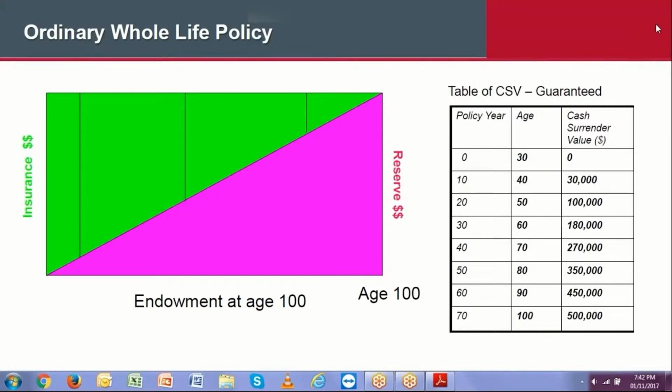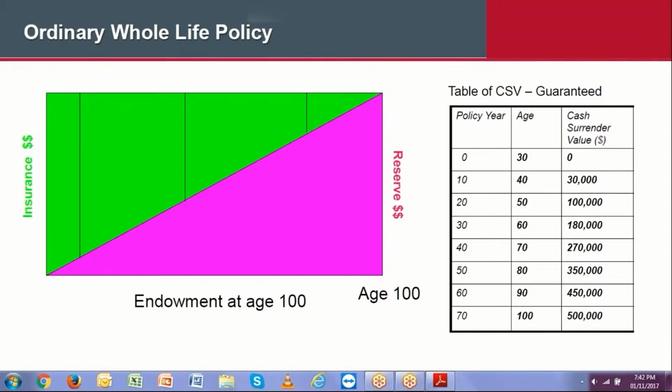And you're also covered for the whole of your life. Now, most companies will stop premiums at age 100. However, some companies will pay out the amount of money at age 100, while other companies will say, no, when you die, we'll pay it out. In other words, if you die at 110 or something, we'll pay it out. But we will not take any money from age 100 onwards, okay?